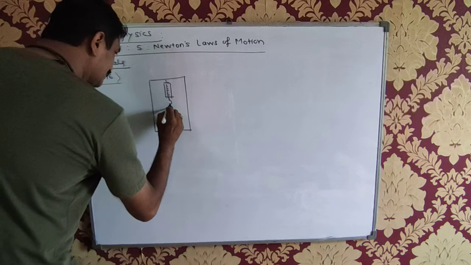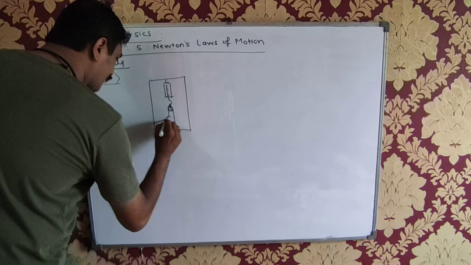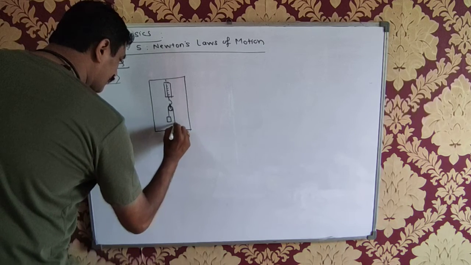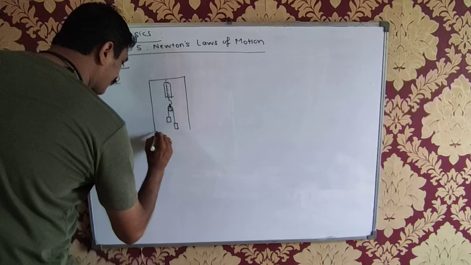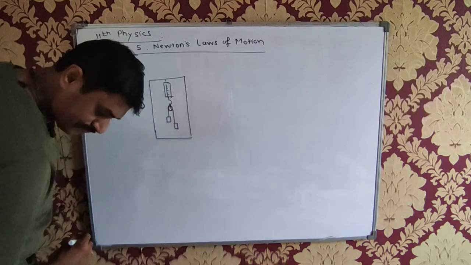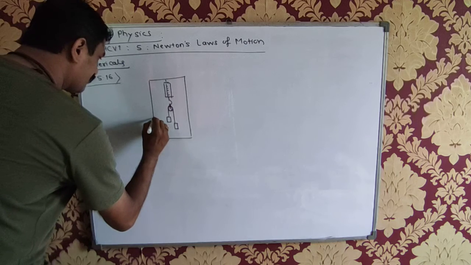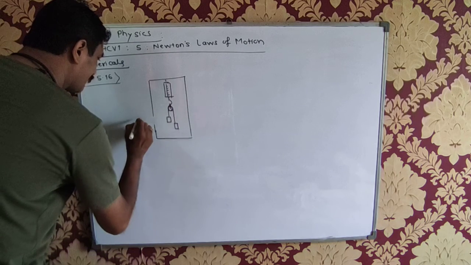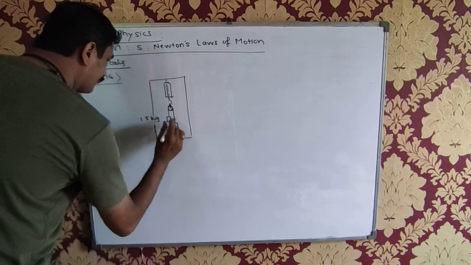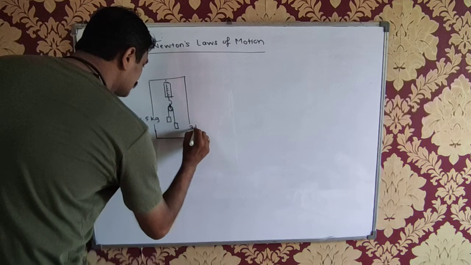And then there are two masses. This mass is 1.5 kg. This is 3 kg.